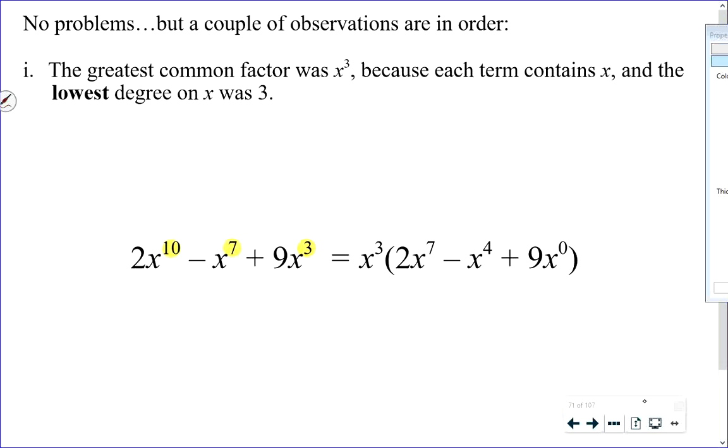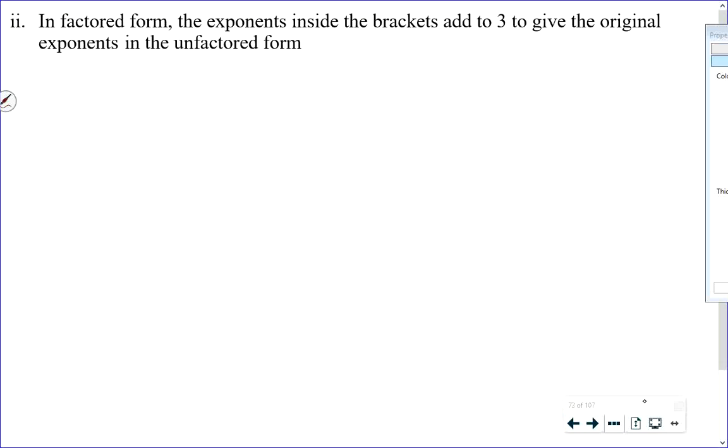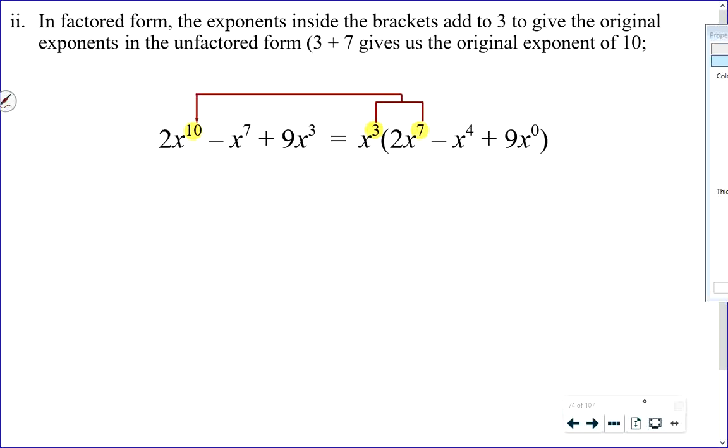X raised to the smallest exponent will be in the greatest common factor, if it's x. So that's the smallest degree. Secondly, the exponents inside the brackets add to the exponent on the x cubed to give the exponent that we started off with. Okay? And I know this is obvious, but it's not going to be in a second.